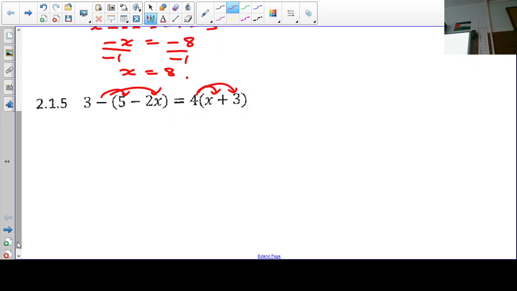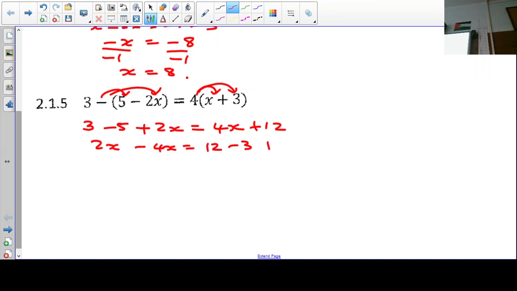Right, so let's go with this. It's going to be 3 minus 5 plus 2x equals 4x plus 12. Now what? X is on one side, numbers on the other side. So this is going to be 2x minus 4x is equal to 12 minus 3 plus 5. 2x minus 4x negative equals 14.